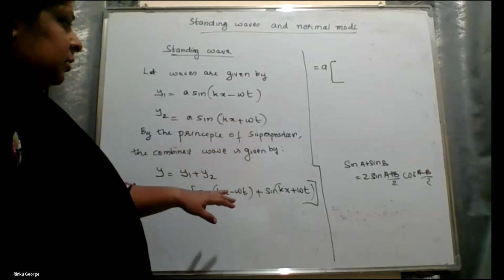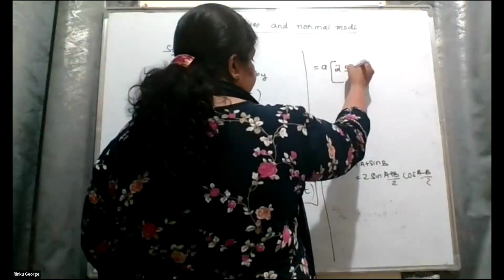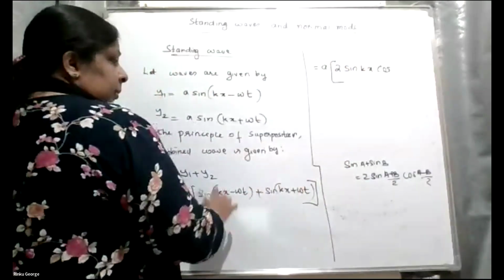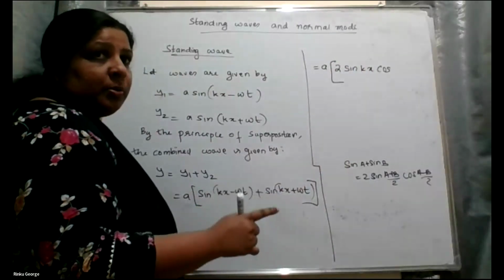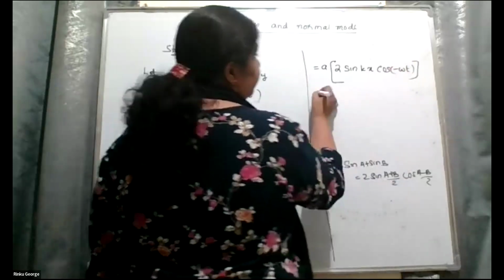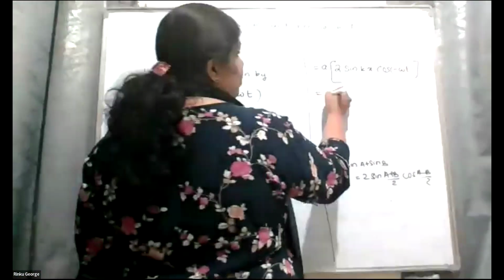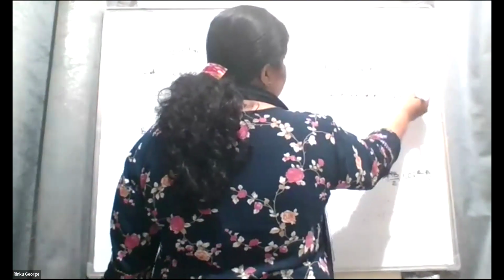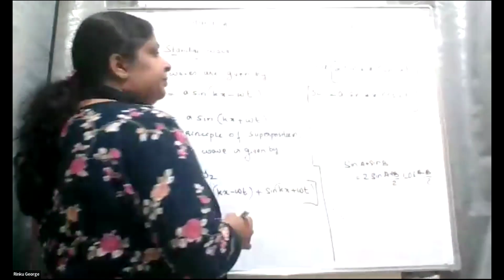So 2 sine kx, cos of minus omega t, right? kx gone, minus 2 omega t by 2, the 2 cancels. So minus omega t. What is cos of minus theta? Cos theta. So it will be 2A sine kx cos omega t. That will be the equation for a standing wave.